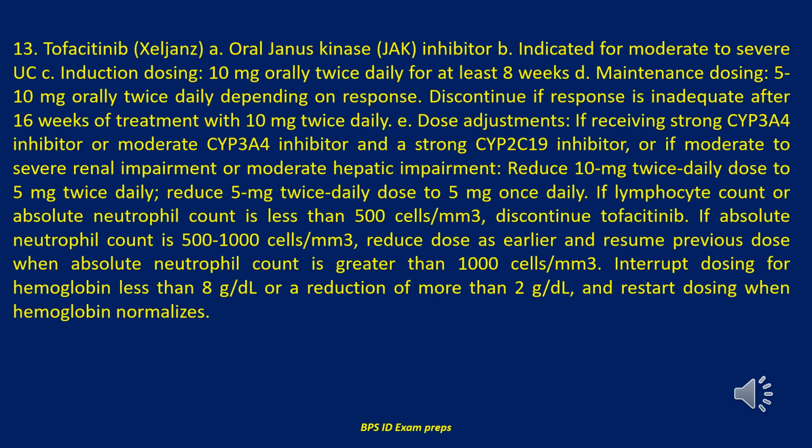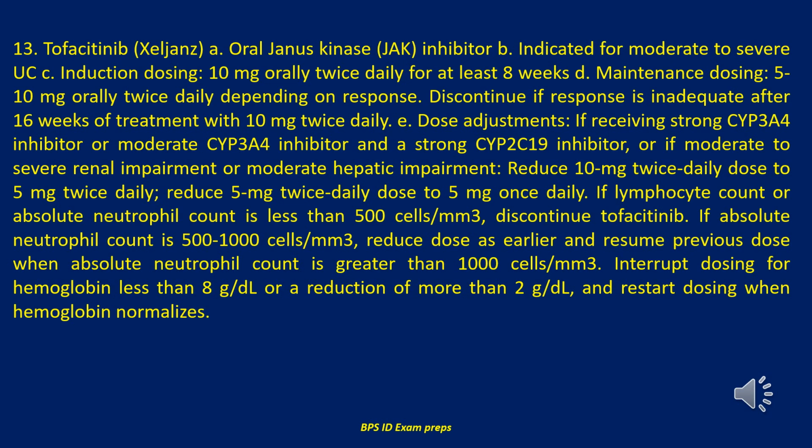E. Regarding dose adjustments, if receiving strong CYP3A4 inhibitor, or moderate CYP3A4 inhibitor and a strong CYP2C19 inhibitor, or if moderate to severe renal impairment or moderate hepatic impairment, we should reduce 10 mg twice daily dose to 5 mg twice daily. We should reduce 5 mg twice daily dose to 5 mg once daily.